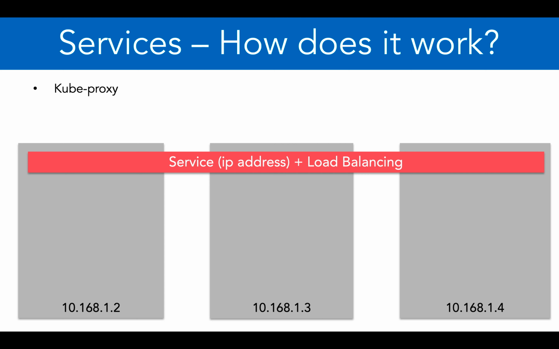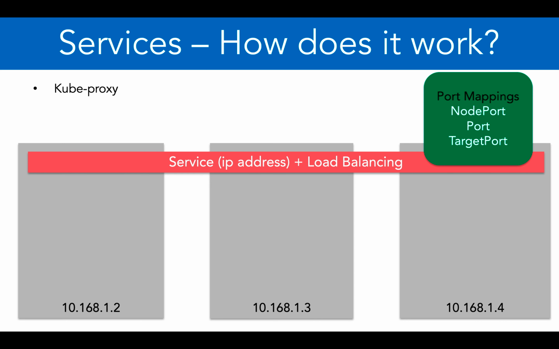Here in brackets, I have mentioned the IP address. When we create a service, we mention port mappings, and in port mappings, we mention node port, port, and target port for node port service type, and only port and target port for cluster IP service type. I'll not take examples of them separately because eventually they do the same thing.